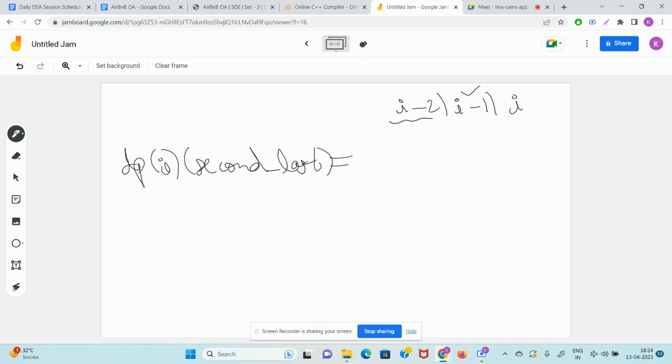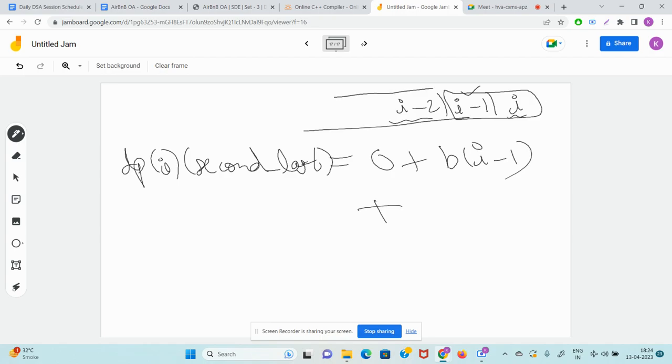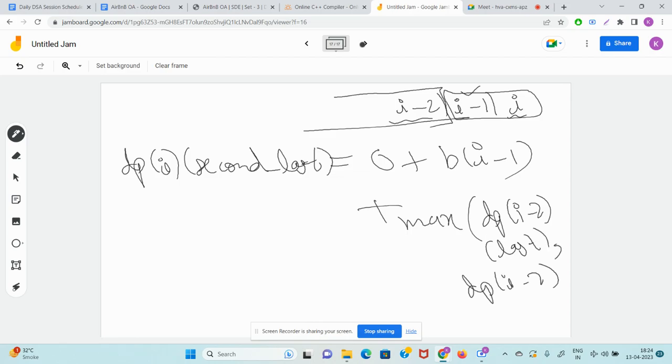Obviously this is also there, this is also there, so cost will be 0 plus b of I minus 1, plus say this much part is solved, this much part is left. So what is the answer for the stuff till I minus 2? It is nothing. It is just maximum of dp of I minus 2 last, comma dp of I minus 2 second last.